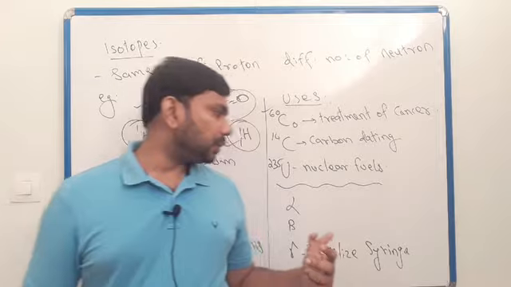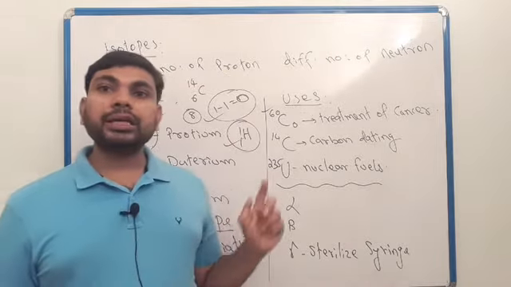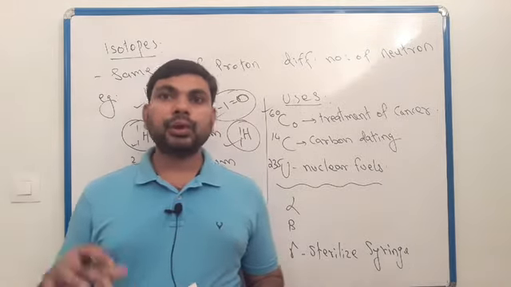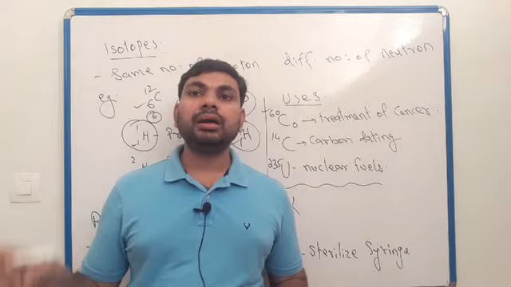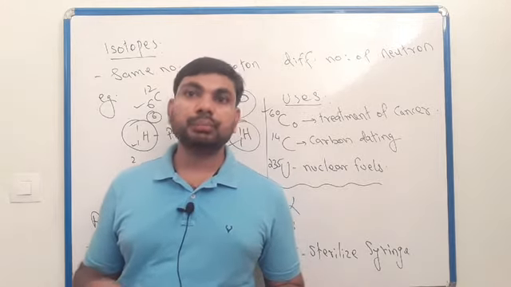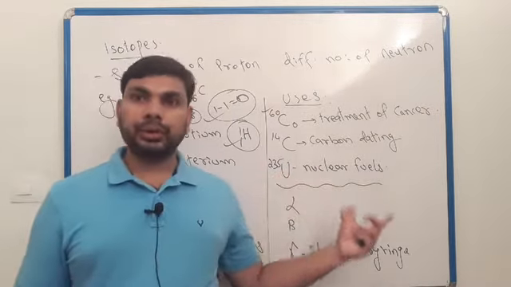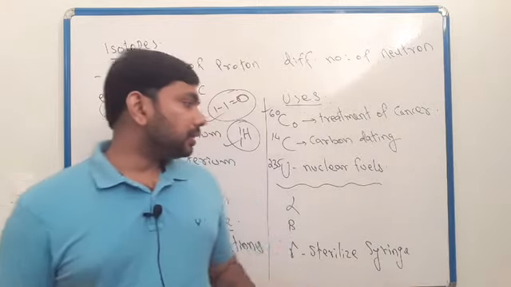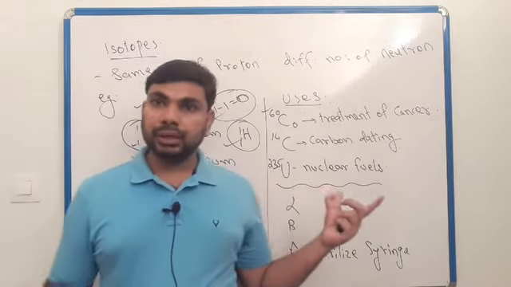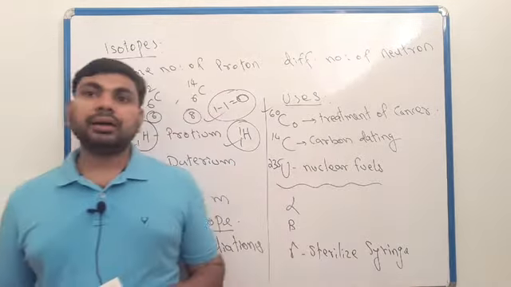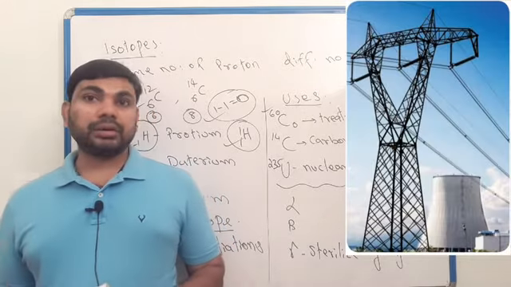And another one, uranium 235. Uranium 235 is another radioactive isotope. It is used as nuclear fuel. You can see this figure, this nuclear reactor.